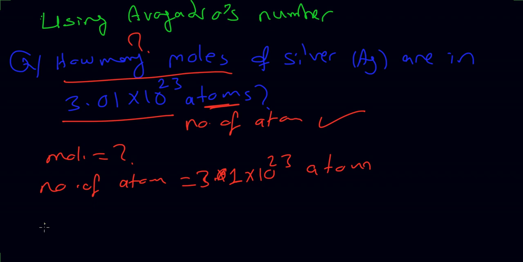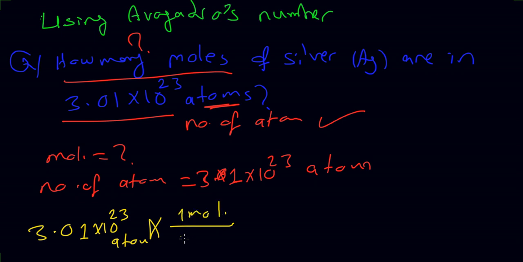You say number of atom, which is given, right? Always you write the given 3.01 multiplied by 10 to the power 23 atom multiplied by what? You say 1 mole. Always you say 1 mole is equal to 6.022 10 to the power 23 atom. In this case you will use this conversion factor.